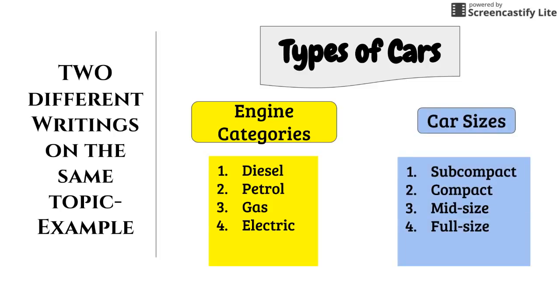Or you might discuss the topic according to the size of the car, with categories like subcompact, compact, mid-size, and full size. So at the beginning, you need to think about the good principle that you will follow. Then you choose which categories to include.